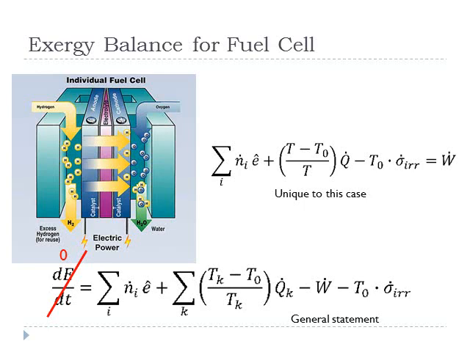And notice how if a PEM fuel cell operated at the temperature of the environment, T is equal to T naught, that heat term would drop out. So if you had a PEM fuel cell at room temperature, the work is going to be equal to the exergy entering minus exergy exiting minus the irreversibility that's occurring in the fuel cell times T naught. That term is T naught times sigma dot irreversible.